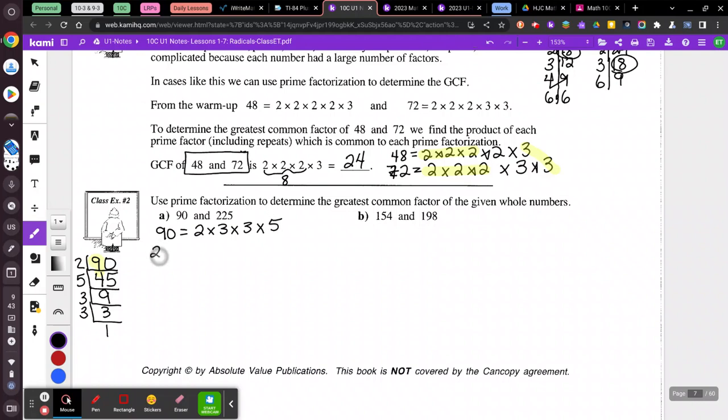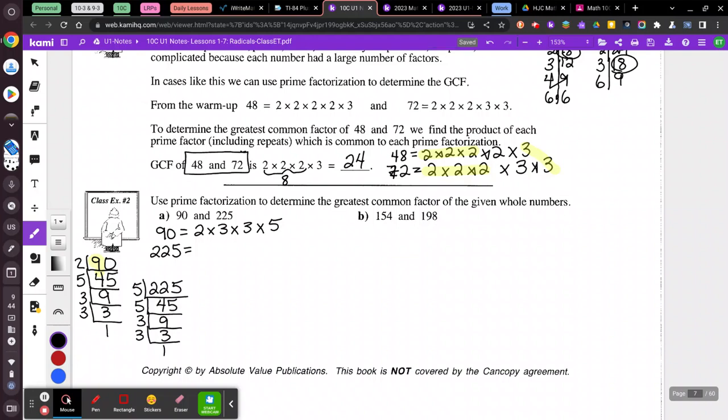I'm going to do the same thing for the number 225 and get my list, and then I'm going to match up the ones from each row. So 225 ends in a 5, so I'm going to divide it by 5, and that gives me 45. And we just saw 45 divides by 5, gives us a 9, divides by 3, leaves us a 3, divides by 3 and leaves us a 1.